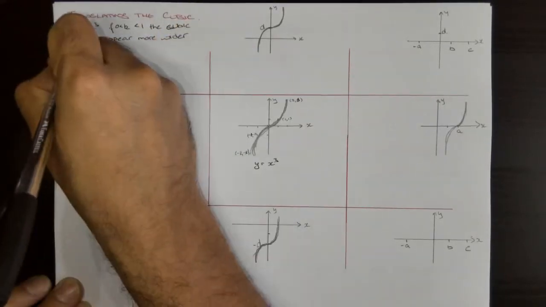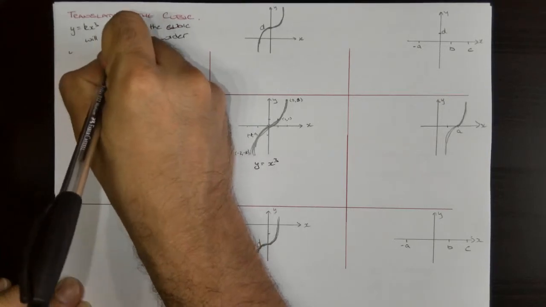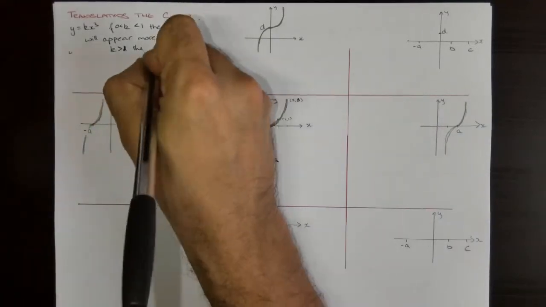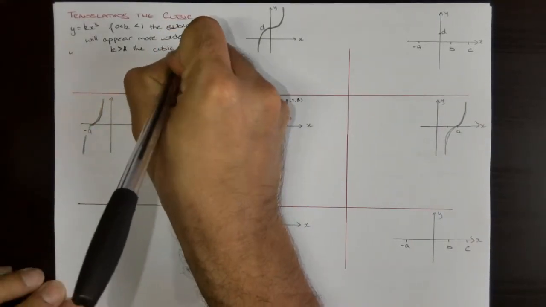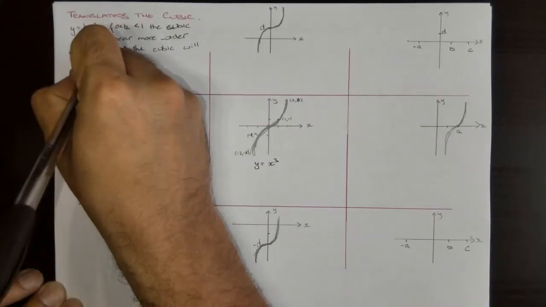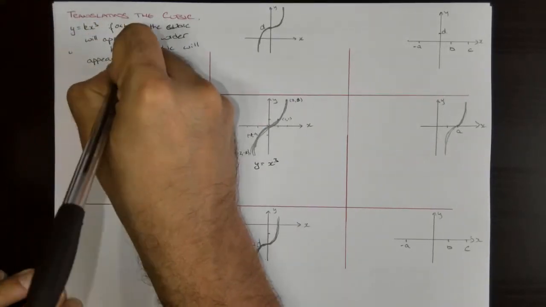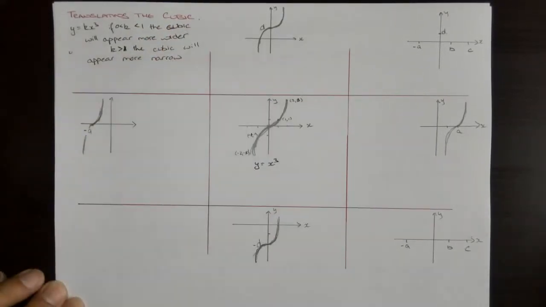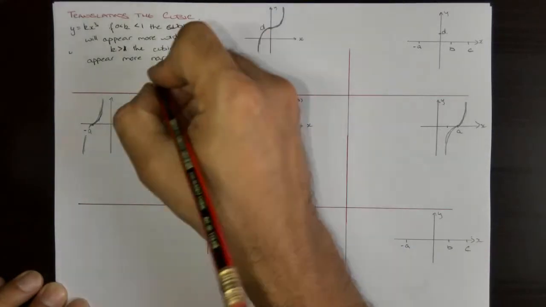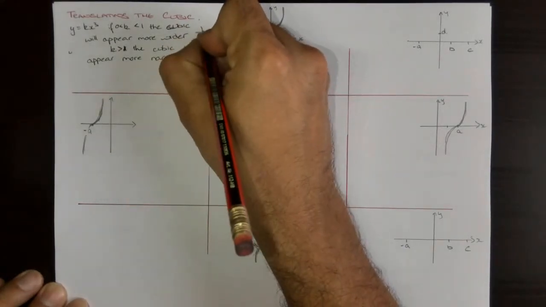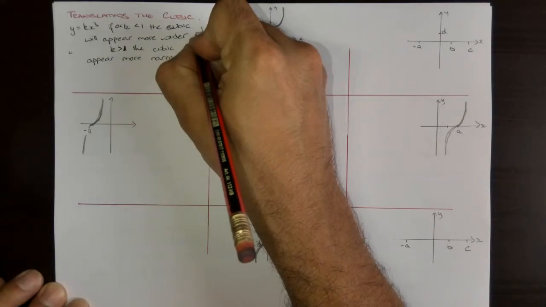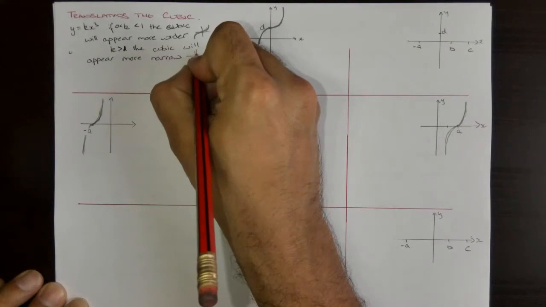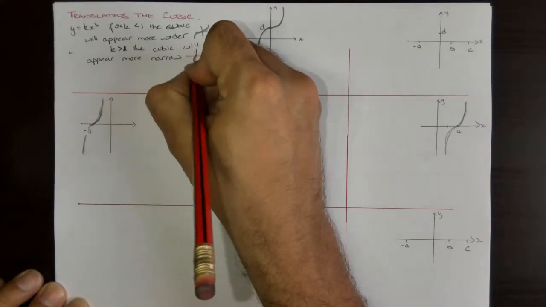And if k is greater than 1, the cubic will become narrower. So you might get something that looks like that, and something that will look like that.